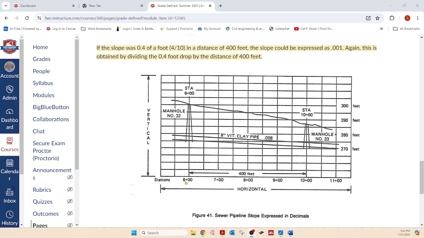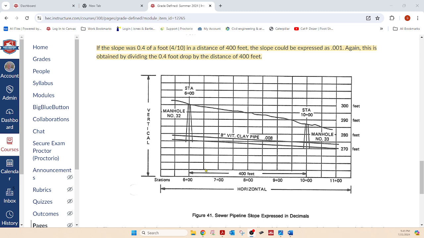I'm sorry. Survey speak is 6 plus 00. And this is 7 plus 00, but that's the same as 700. So from here to here is 100 feet, right?